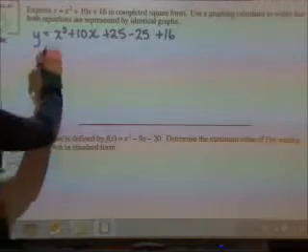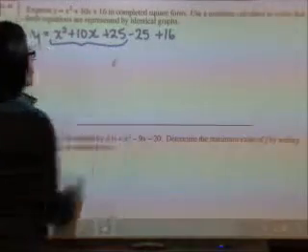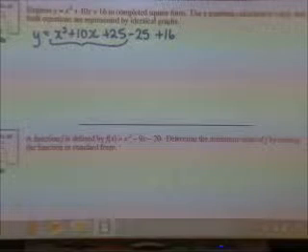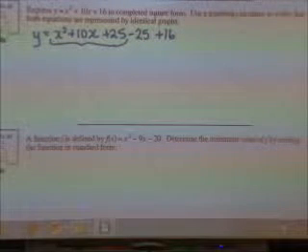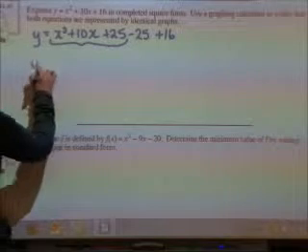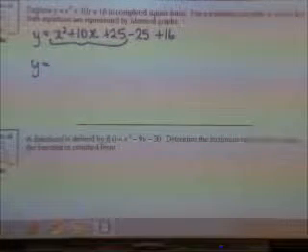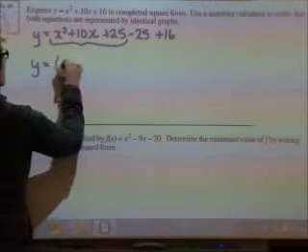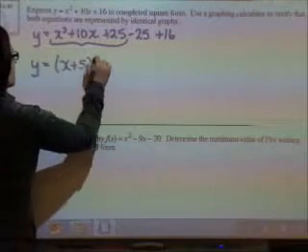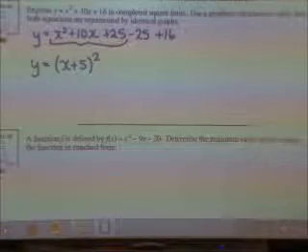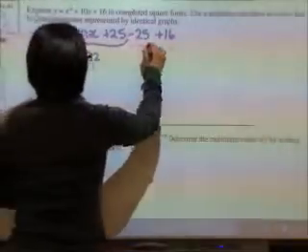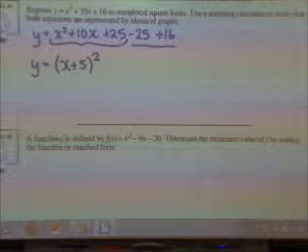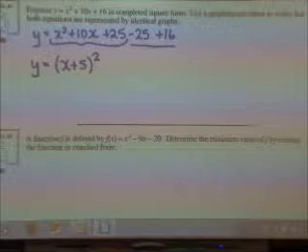So now, there's my perfect square. The x squared plus 10x plus 25 is my perfect square. When I factor it, what do I get? So I get x plus 5 squared, and then I take my negative 25 and I add it to the 16. And what do I get?